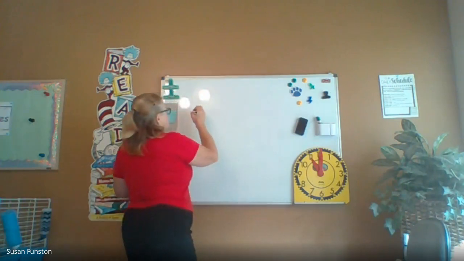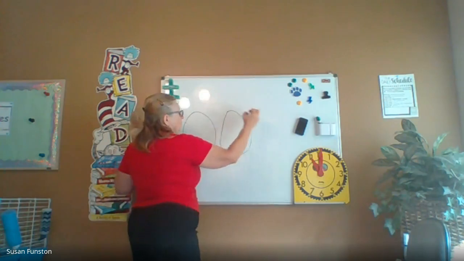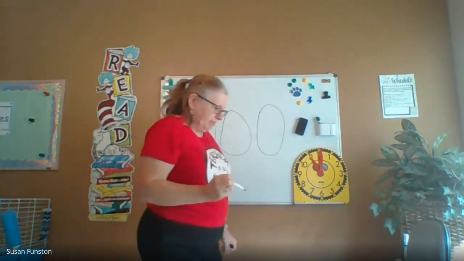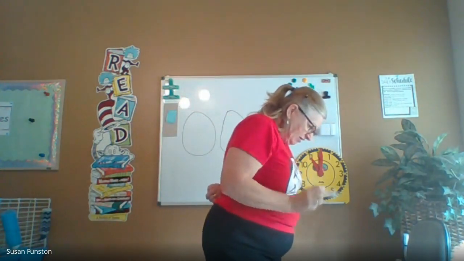Okay, so I'm going to make 3 big circles to represent my groups, more like ovals and sort of misshapen ovals at that. But now I'm going to start with 15 markers.